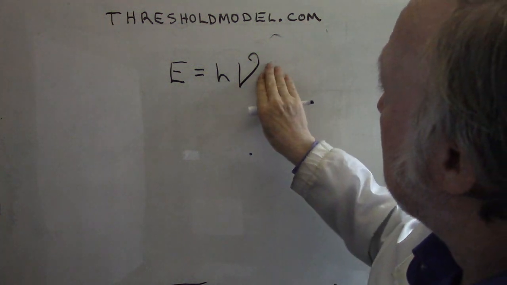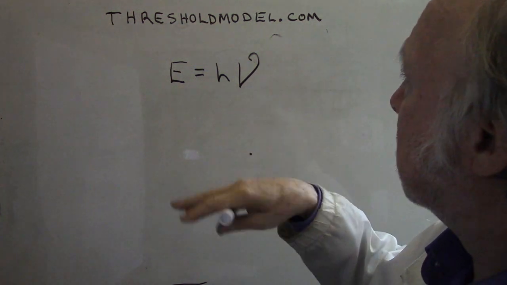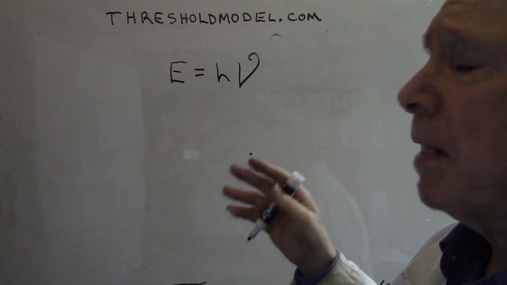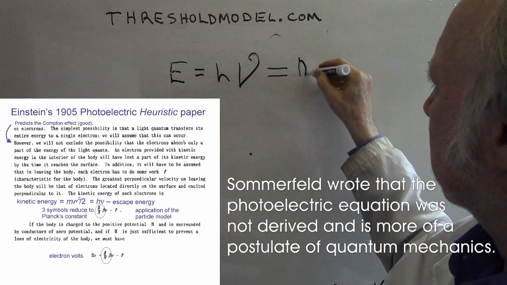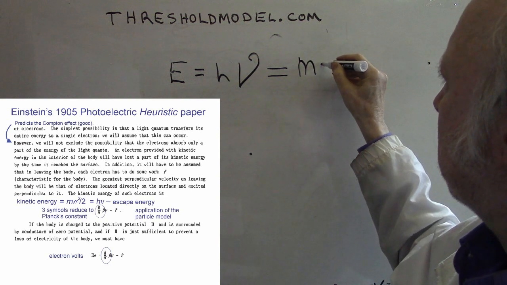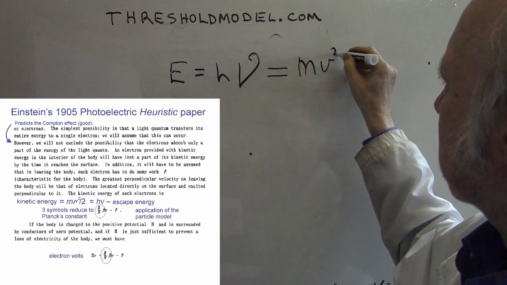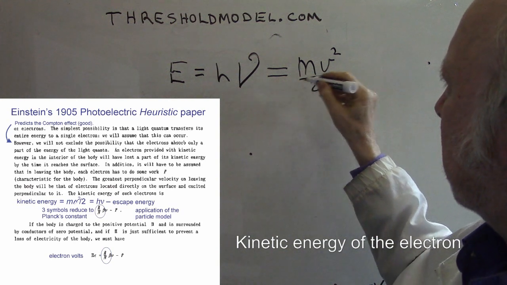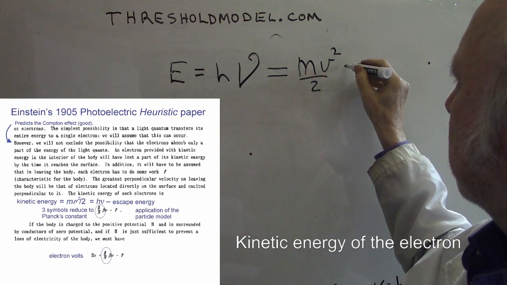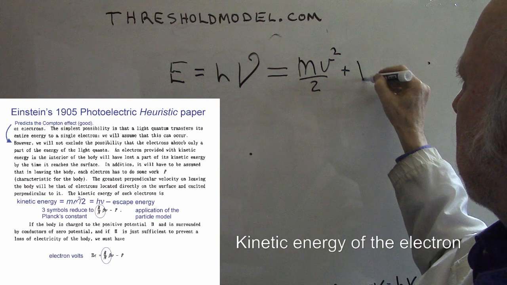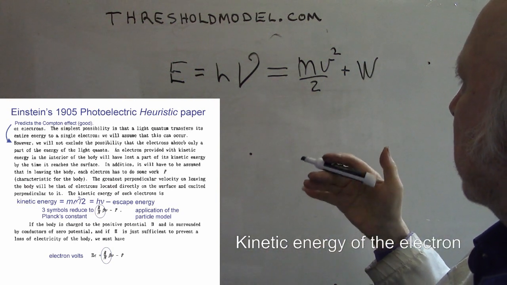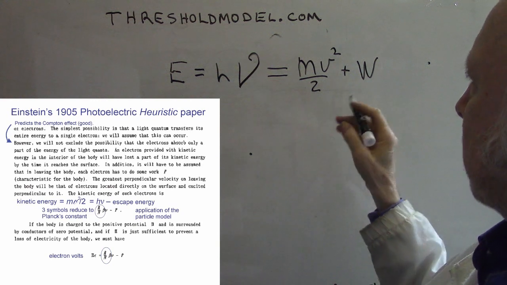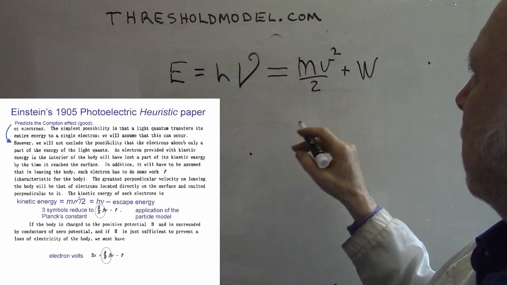So what happened was that Einstein in 1905 said, let's just use the particle model and have it equal to the kinetic energy plus a work function to escape the surface. And that's the correct equation, all right.